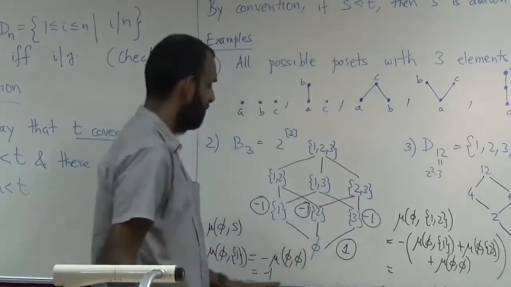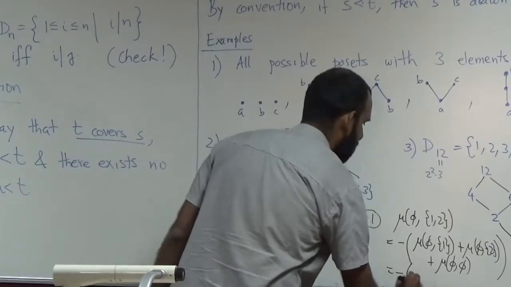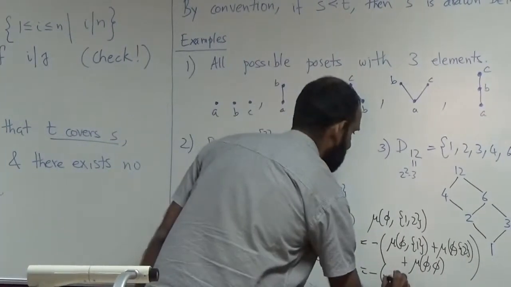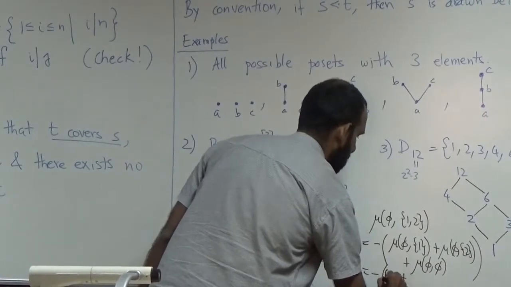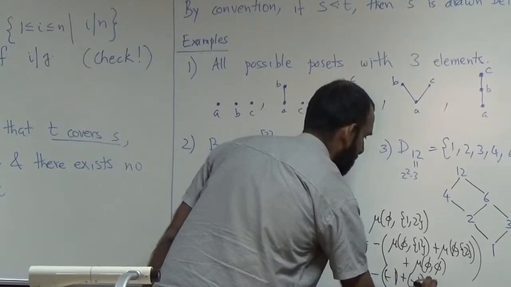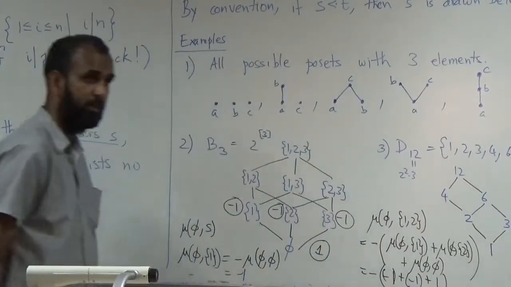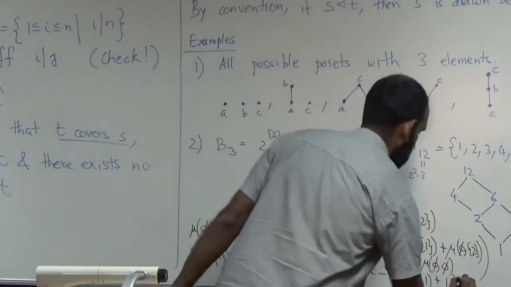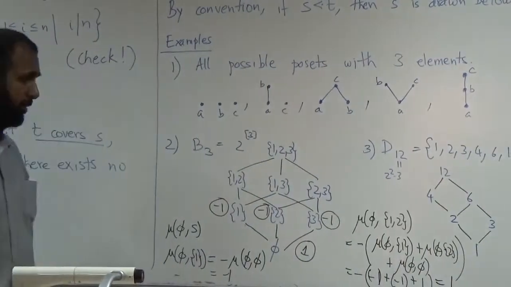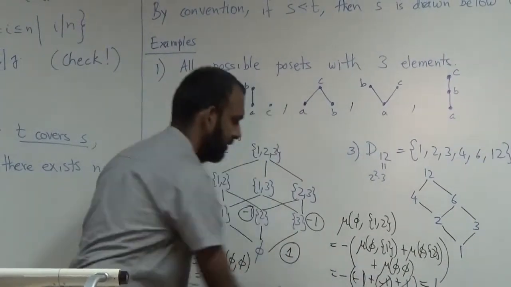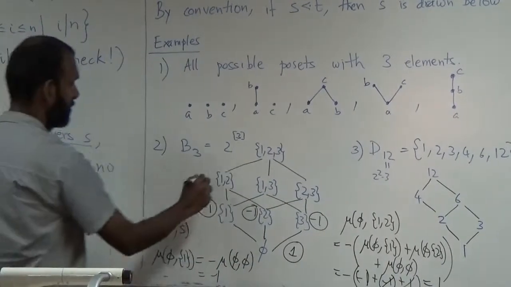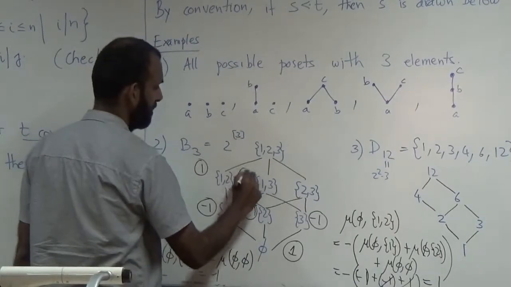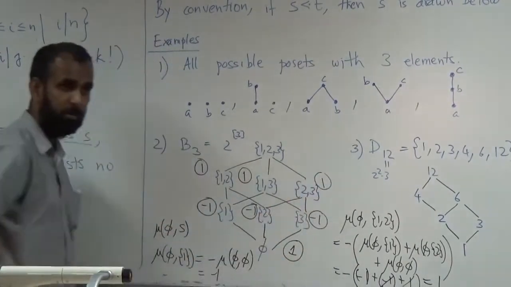What is this? So minus of mu of phi 1 is minus 1. So I have minus 1 plus, let me put brackets here, again minus 1 plus 1. So I have minus of minus 1 plus 1. So if you check it out, it will be 1, because this will cancel and there's an overall minus. So for 1, 2 it is 1, and you can see by similar calculations that for 1, 3 it's going to be 1, and 2, 3 also it's going to be 1.